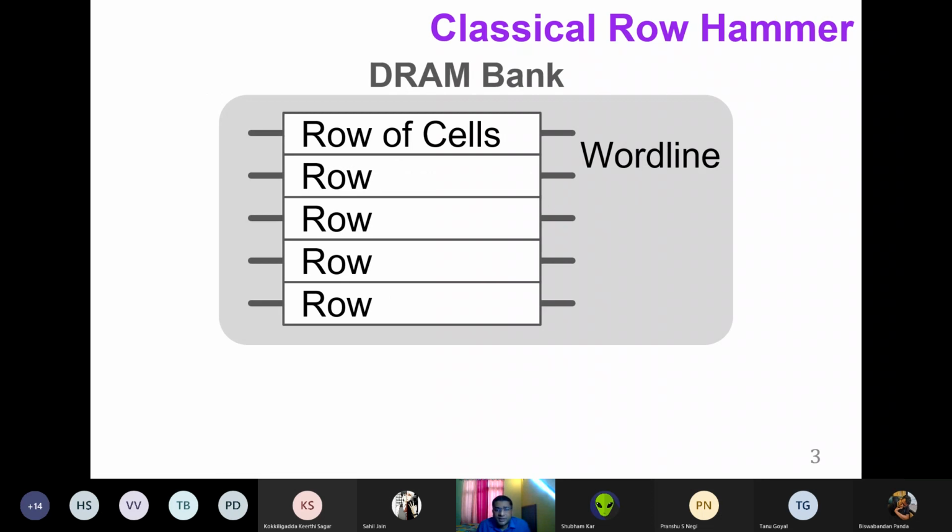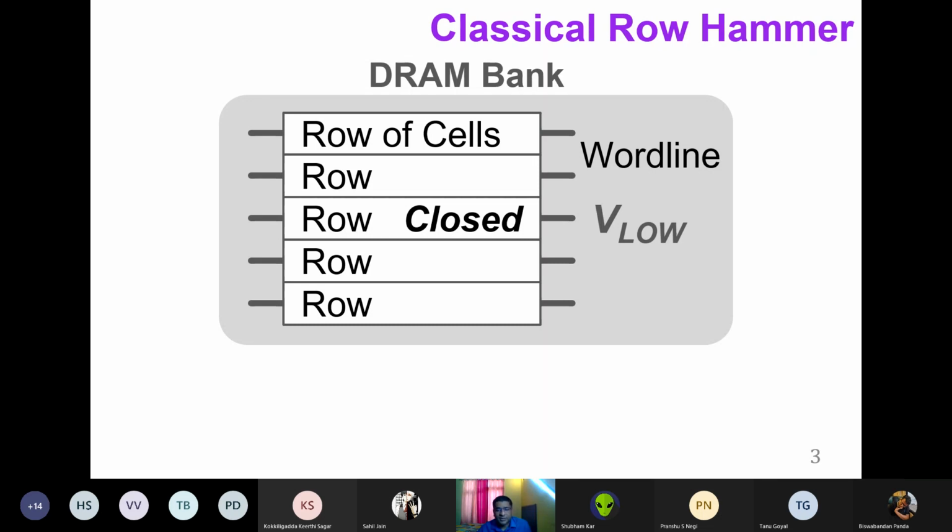Now let's try to understand the classical row hammer. If we see in the DRAM bank, there will be multiple rows, and each row is like a word line in conventional memory architecture. So each row you can consider as a word line. Now if a particular row is opened, that means activated, and again it is closed, and this kind of opening and closing keeps happening in a particular row, the neighboring rows, that is, say this particular row is R, then R plus 1 and R minus 1, some of the bits of those rows are getting toggled.